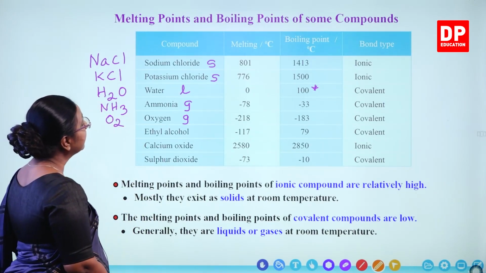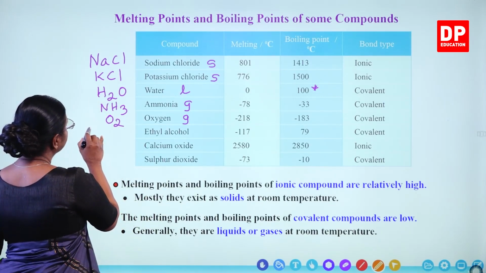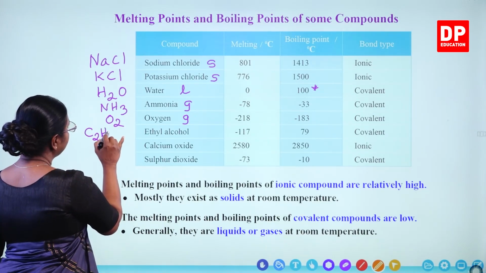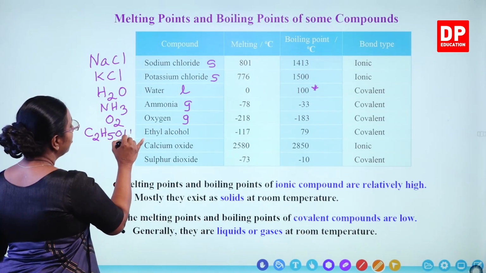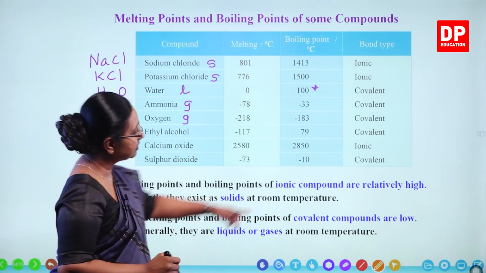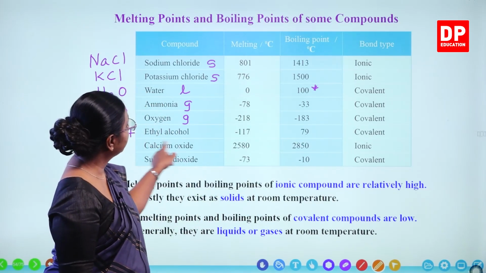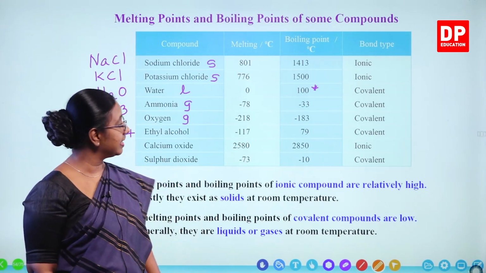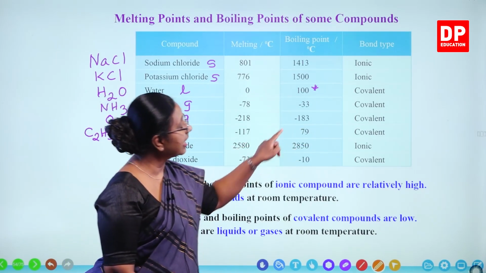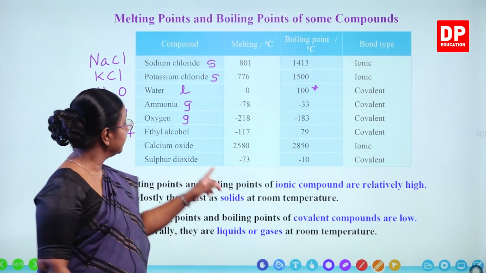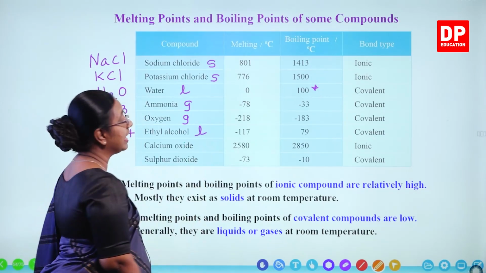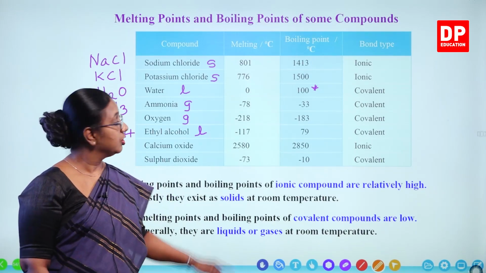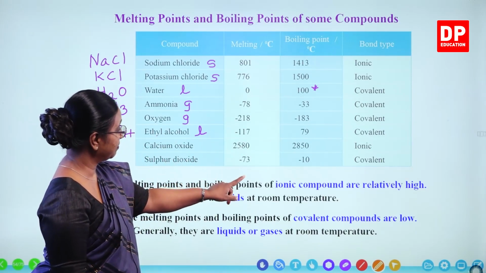Then we have ethyl alcohol. You know the chemical formulae of ethyl alcohol, C2H5OH. That also is a covalent compound. You can look at the melting point, minus 117 degrees Celsius and 79 is the boiling point. This again is a liquid at room temperature. So you can see the relationship, students.